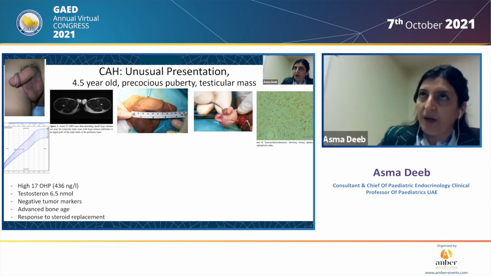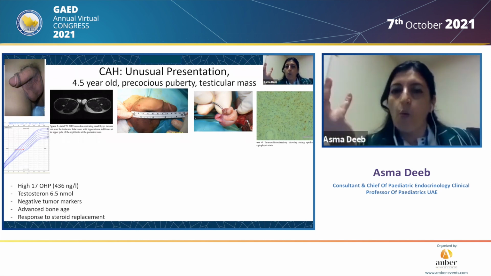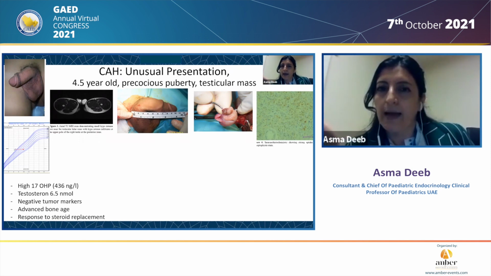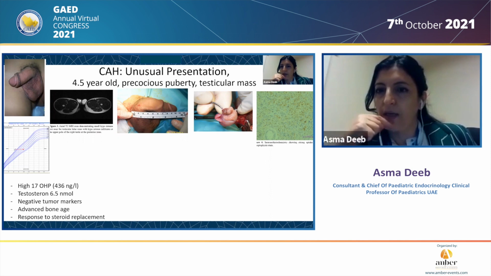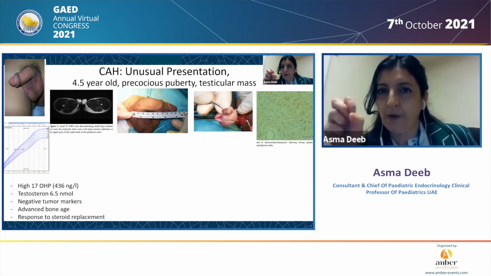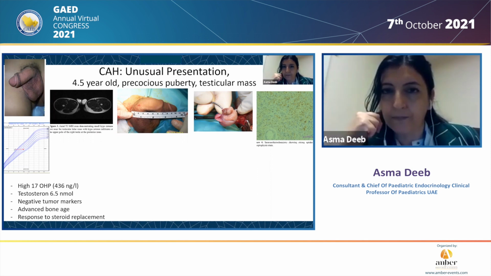Now, the interesting part is what this mass is. And on biopsy, it stained very positively to a stain called synaptophysin. This stain is known to take very strongly if cells contained ACTH.